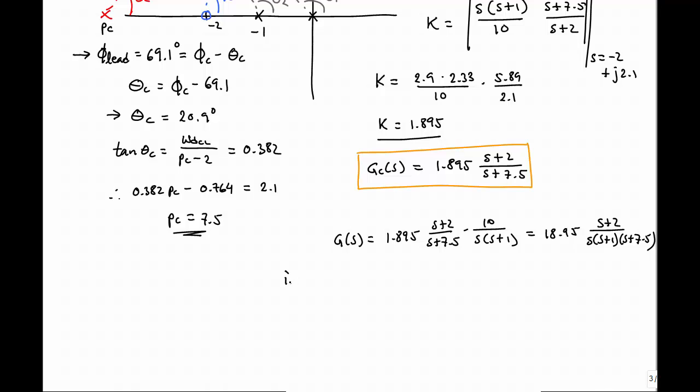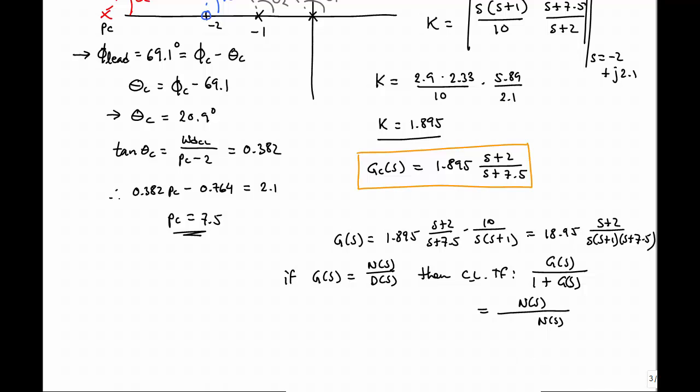Now notice in general, if G of S is equal to some numerator polynomial over a denominator polynomial, then the closed loop transfer function is forward gain G of S over the loop gain 1 plus G of S. But that can be rewritten as the numerator N over D, all divided by 1 plus the numerator over D, and then we multiply everything through by D, so we end up with D plus N in the denominator.